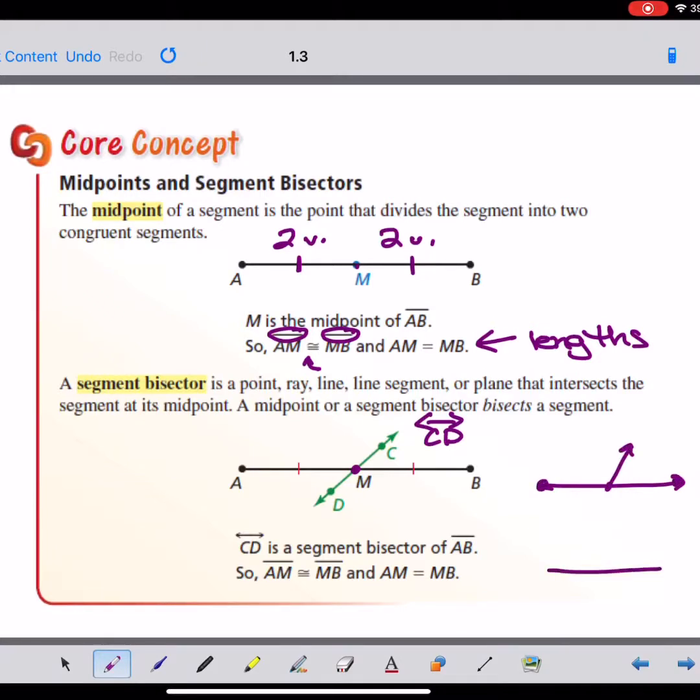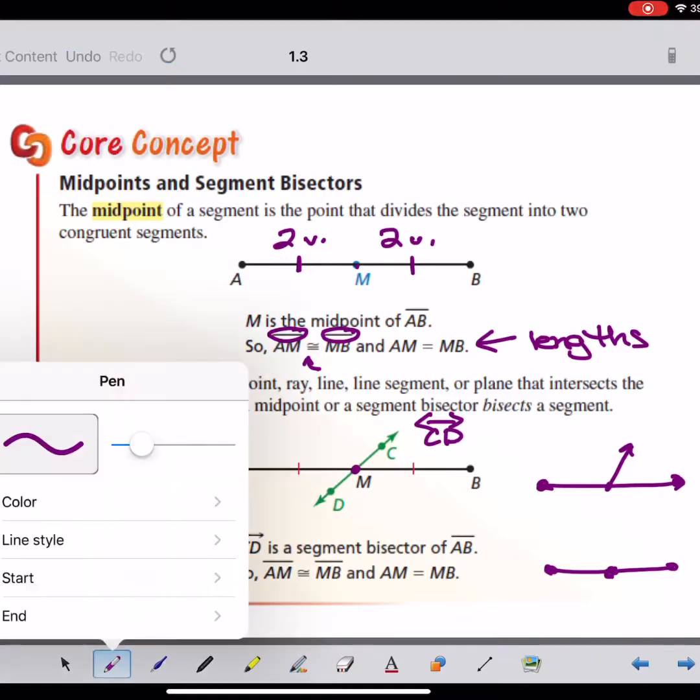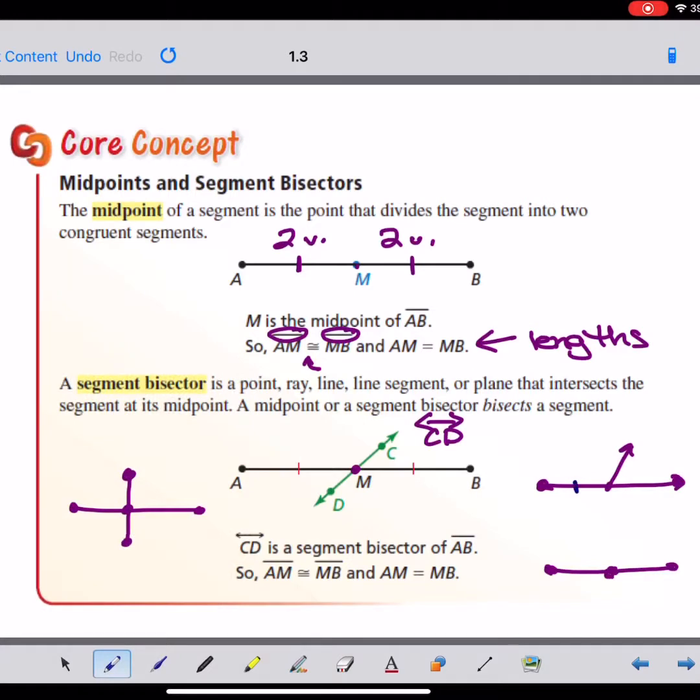It can be a point that is the midpoint, or it can be a line segment that cuts through the midpoint. The important part is, no matter what the point, line, ray, or plane is, it cuts it into 2 equal parts. It divides our segment into 2 congruent segments.